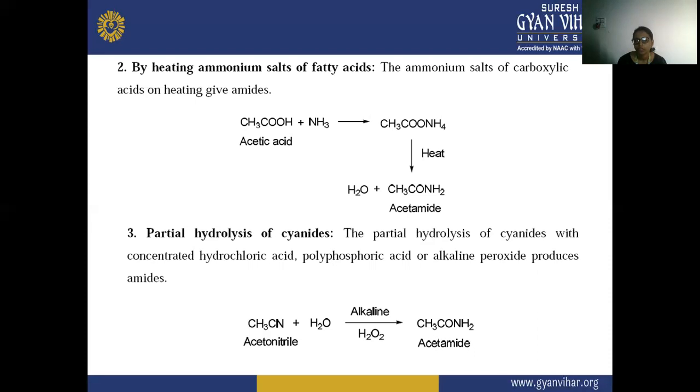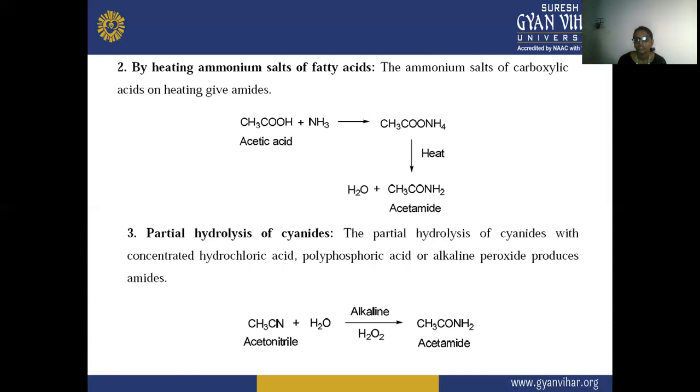So the partial hydrolysis of cyanide with concentrated hydrochloric acid, polyphosphoric acid, or alkaline peroxide produces your amide. Here in the reaction, this is your acetonitrile, CH3CN. CN is your nitrile.